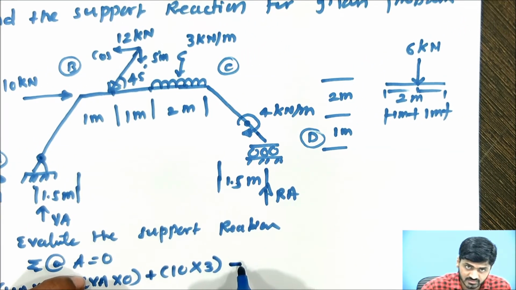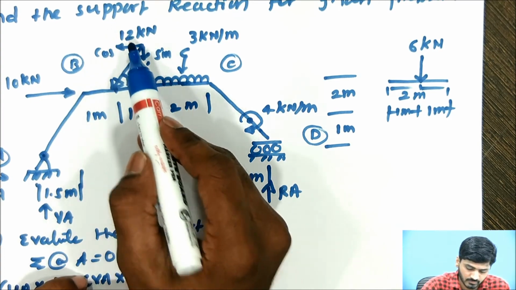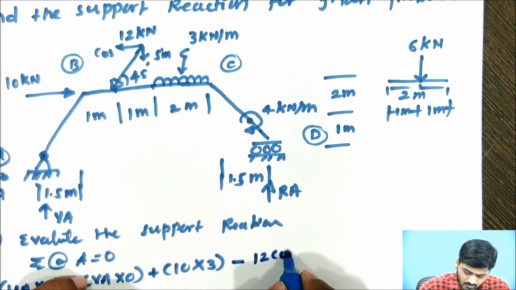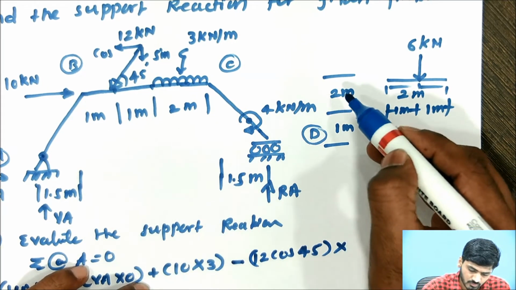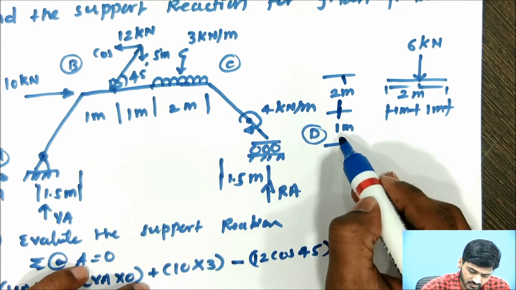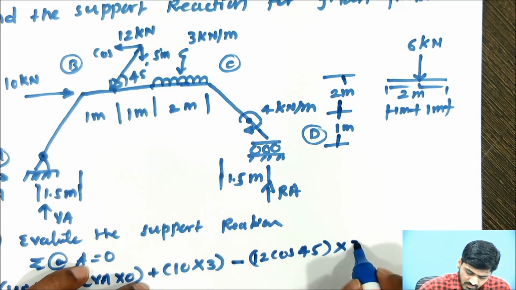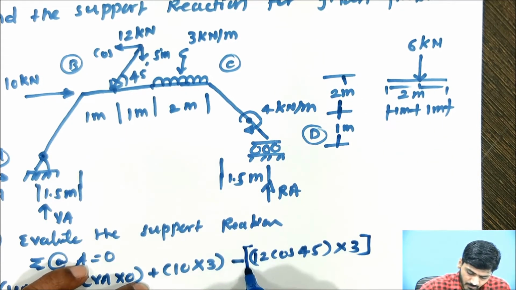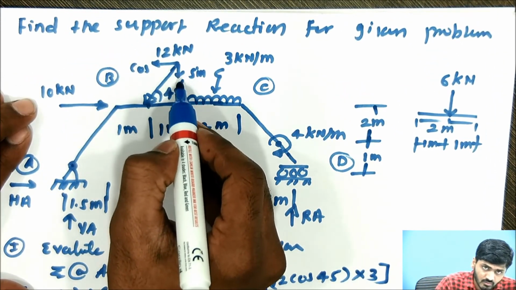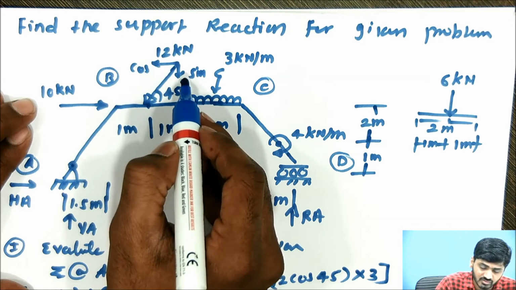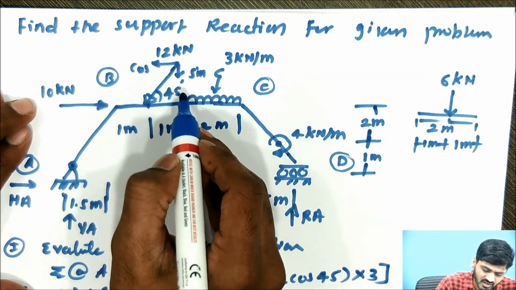So minus, the force is 12 cos 45 and the distance is the vertical distance, total 3. Similarly, you may consider the vertical force that we have already resolved, 12 sine 45.